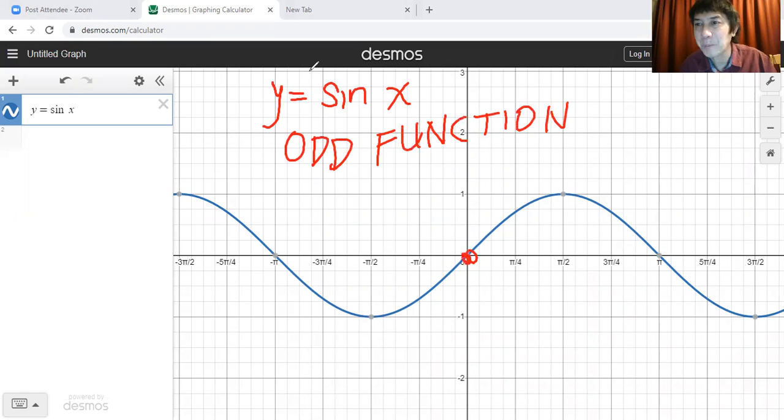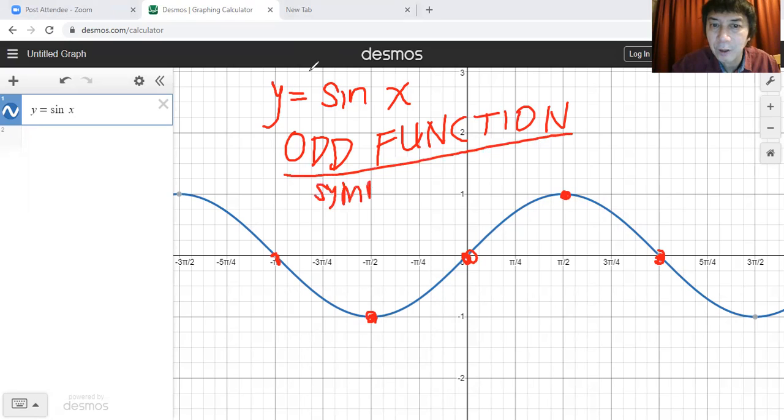One point to one side of the origin will have exactly the opposite. For example, this point here, its counterpart is right there. And a point here, the counterpart of this point is right there on the other side. So it's symmetric with the origin. This is an odd function.